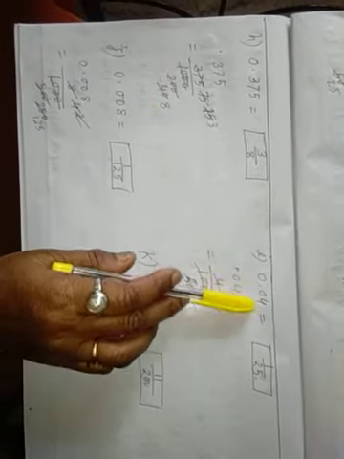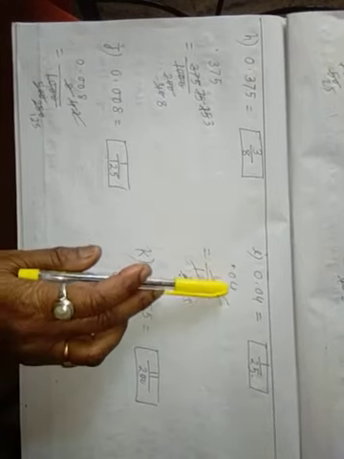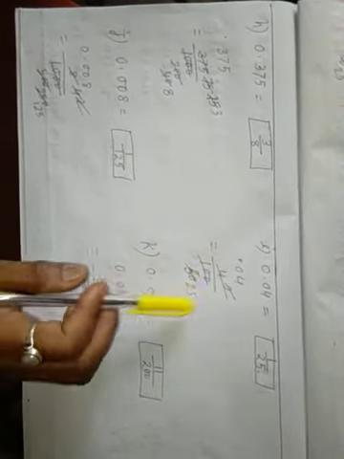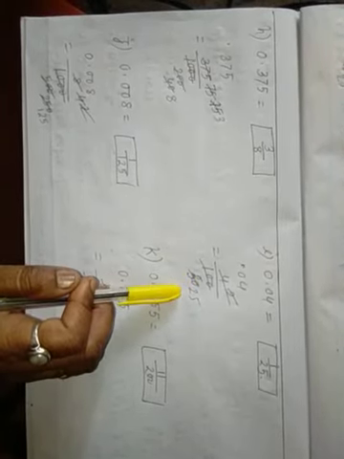I, 0.04 means 4 by 100, that is 2/50, that is 1 by 25.